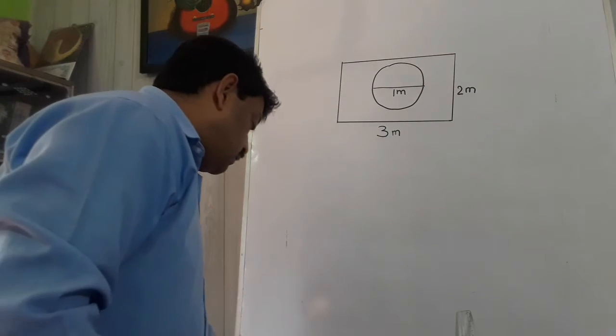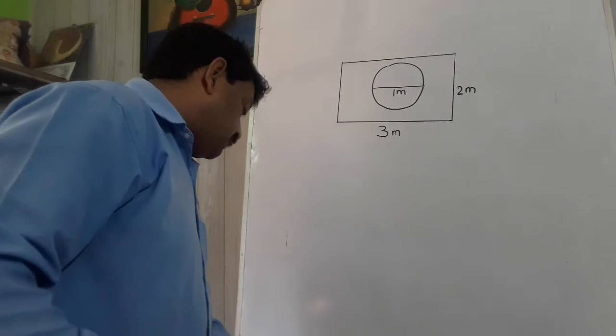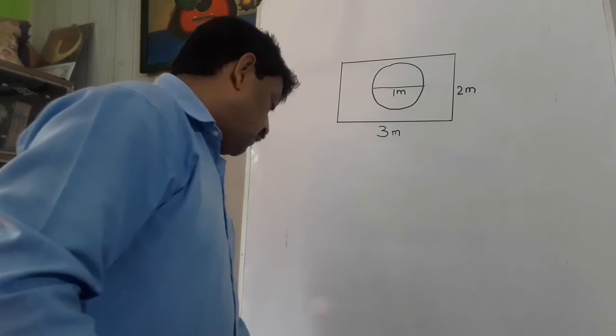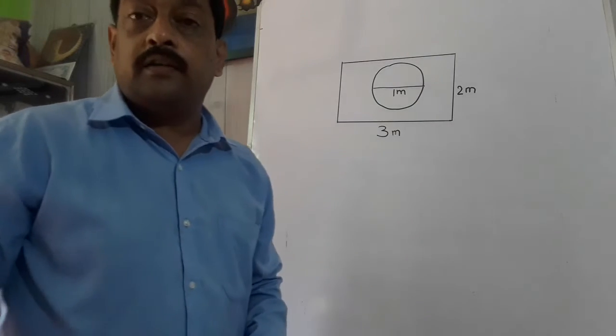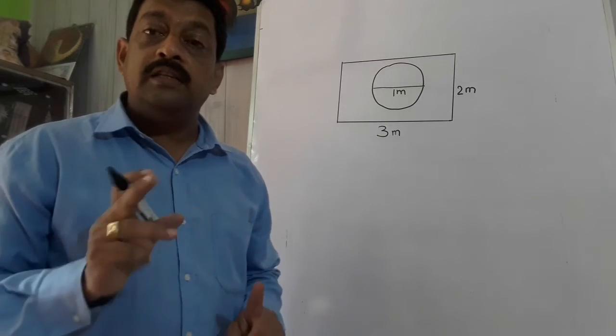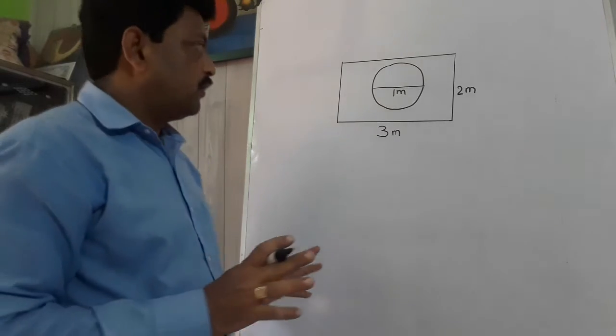A die is dropped on the rectangular region. What is the probability that the die will land inside the circular region?